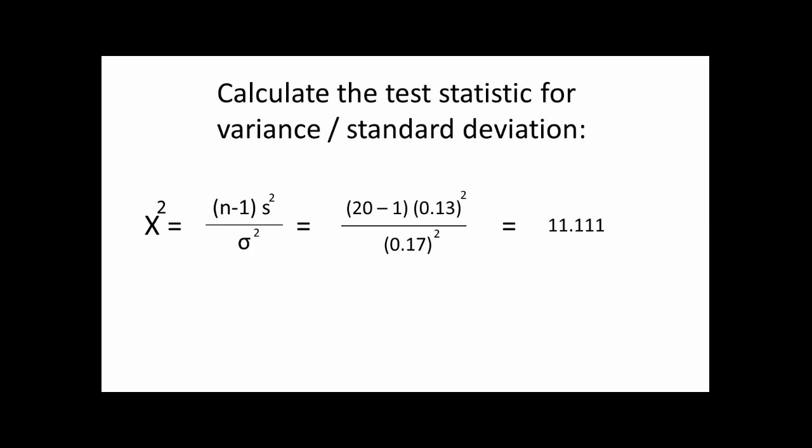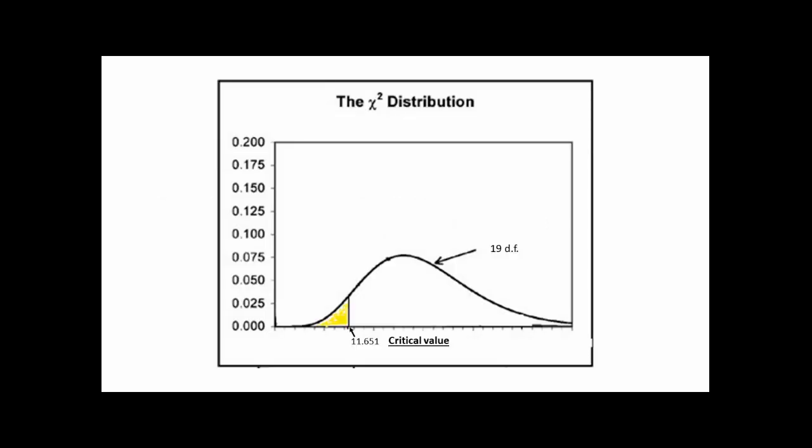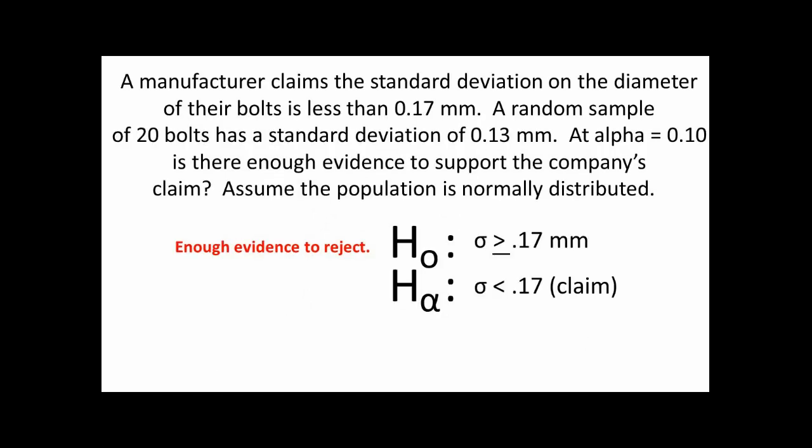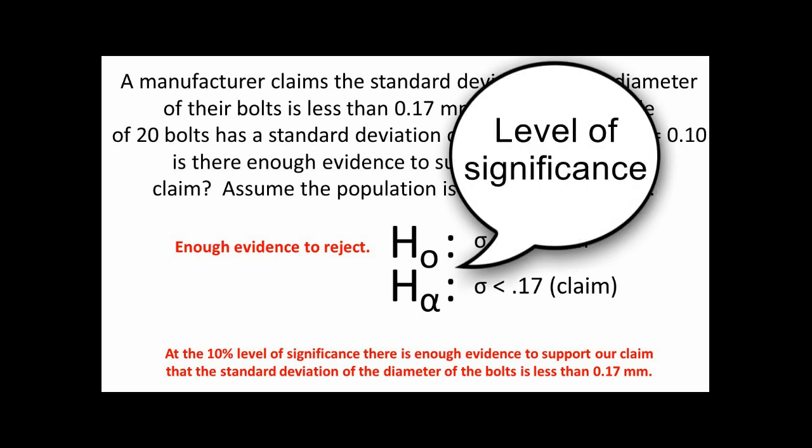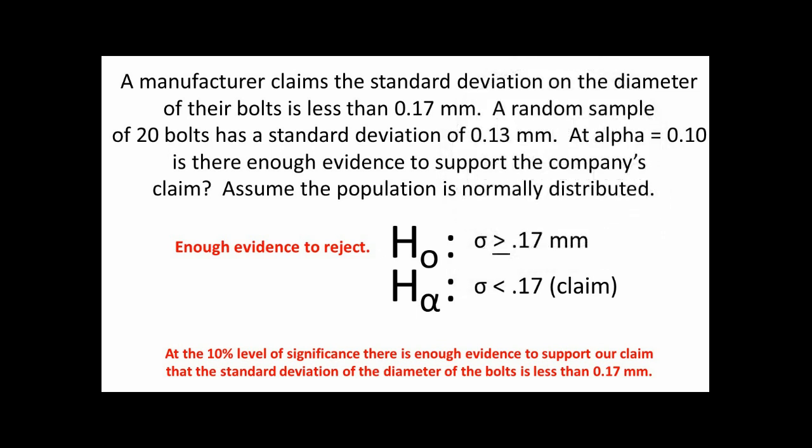The test statistic does fall in the rejection area. Therefore, we have enough evidence to reject H0, but our claim was H alpha. So we would say that at the 10% level of confidence, there is enough evidence to support the claim that the standard deviation of the diameter of the bolts is less than 0.17 millimeters.